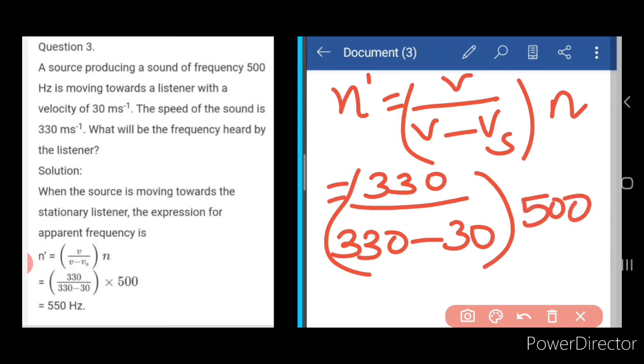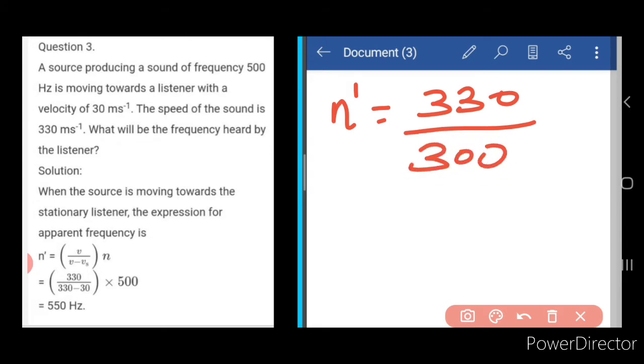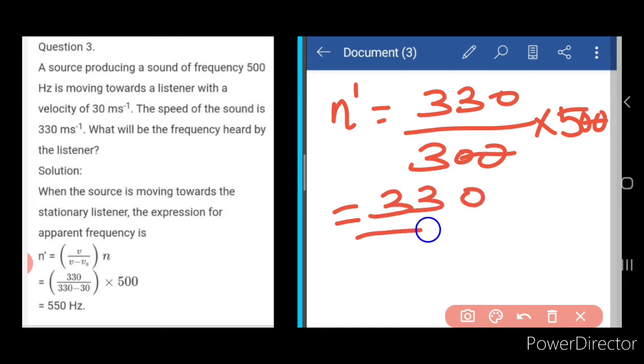Now let's simplify this. So n dash is equal to 330 divided by 330 minus 30, that is 300, into 500, the frequency of the source. Let's cancel these two zeros. So this will become 330 divided by 3, into 5. Now let me cancel this.